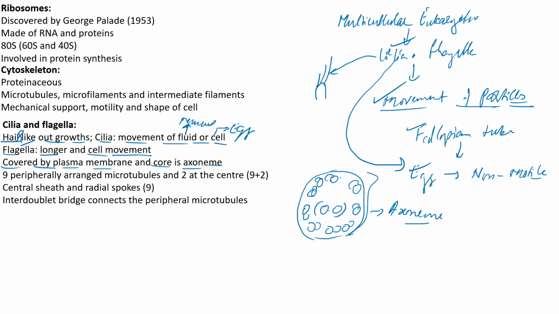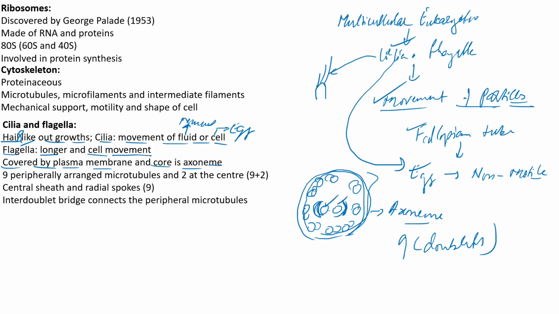Here, the part you're looking at is called the peripheral microtubules, and they are 9 in number, and they are doublets in nature. At the center you find 2 independent microtubules, and they are complete in nature. Only there are 2, and this covering is called the central sheath.